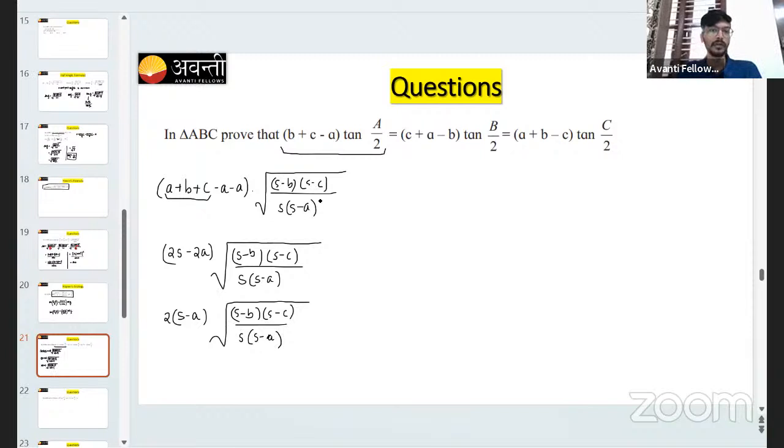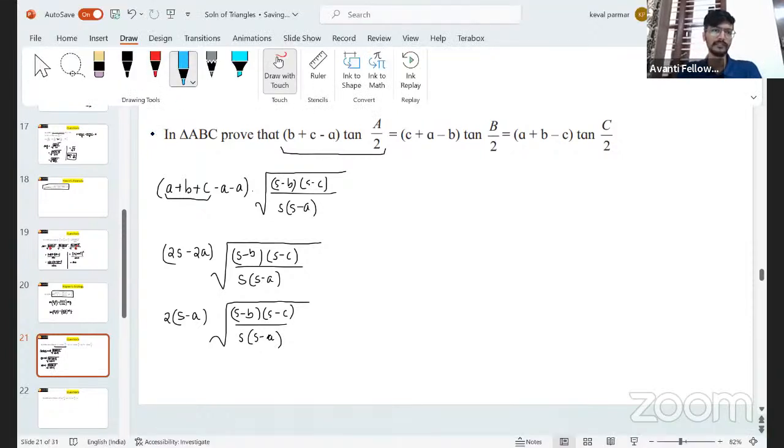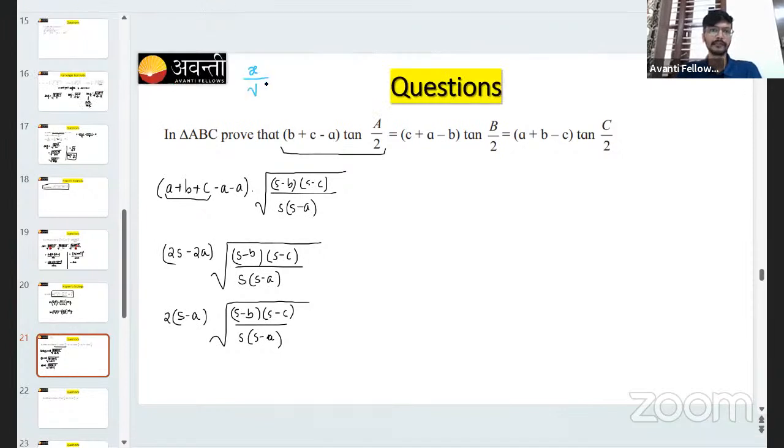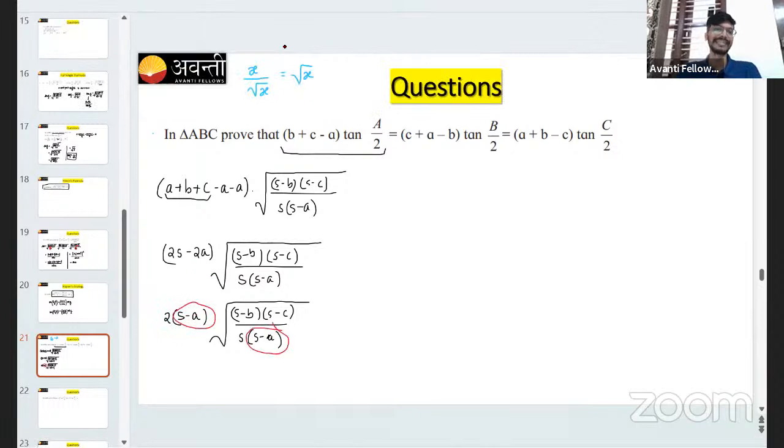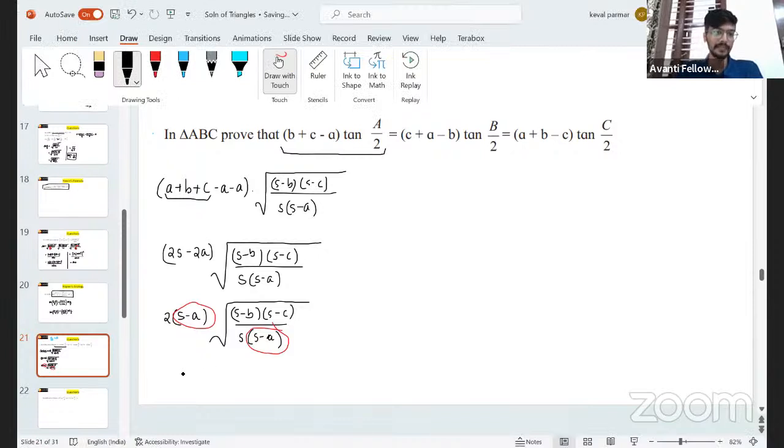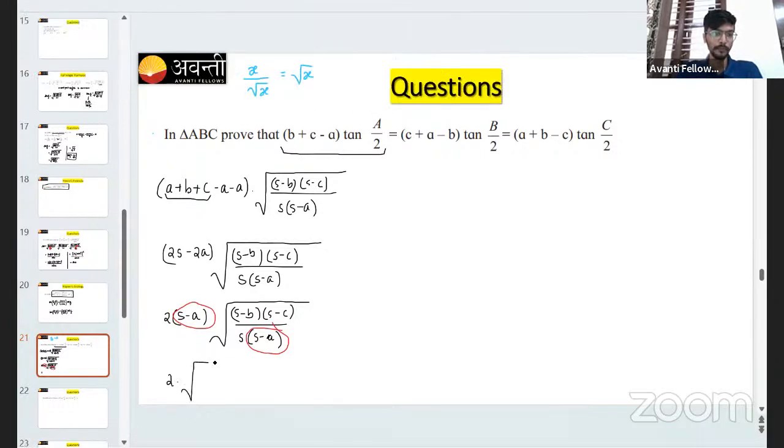Got it? Now, it is very simple that x upon root x, if I rationalize, I get root x. So the same here: this (s minus a) and this under root of (s minus a) cancel, and we get under root of (s minus a). So basically, if I take the under root in the whole, I will get (s minus a) into (s minus b) into (s minus c) upon s. So I got this by simplifying the first one.